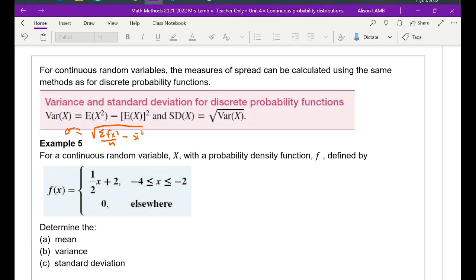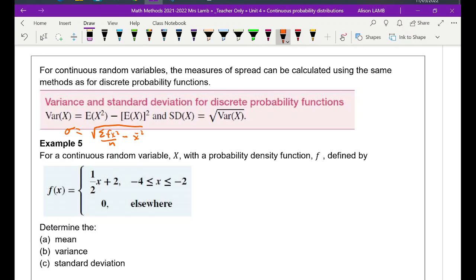But when we come to a continuous probability function, using that rule for the expected value of x squared, we're going to have to actually calculate the expected value of x squared using our formula.